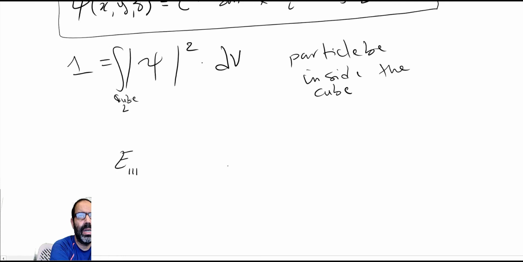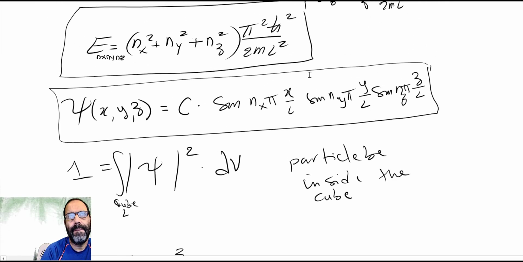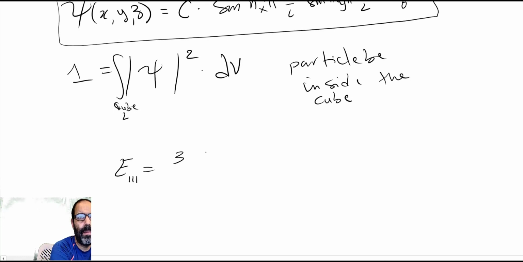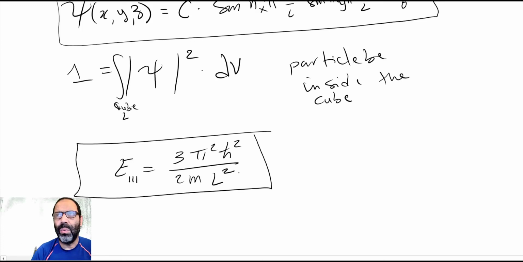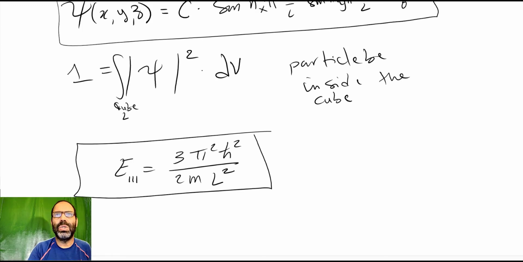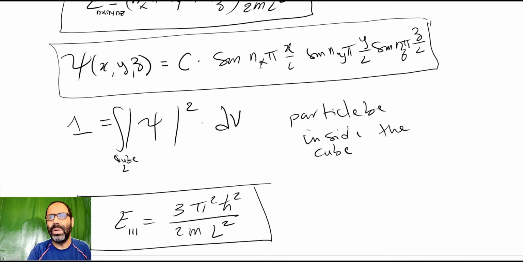So it's going to be exactly 3 times pi squared h bar squared divided by 2 m L squared. So this is the lowest energy level. And that is only one level, one energy, and that corresponds only to the function where nx is 1, ny is 1, and nz is 1.